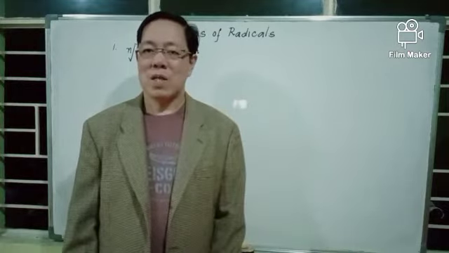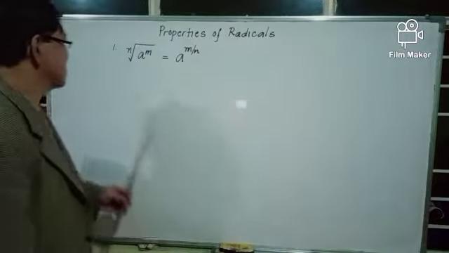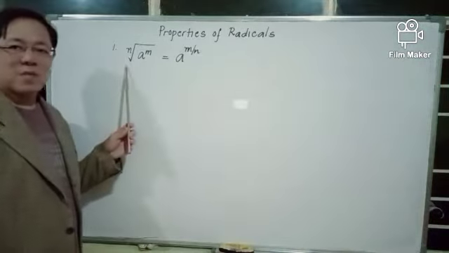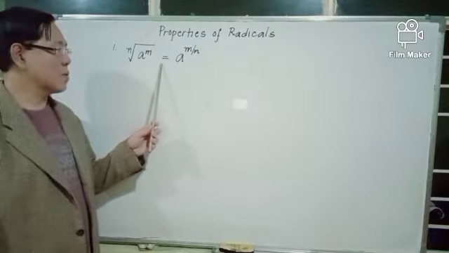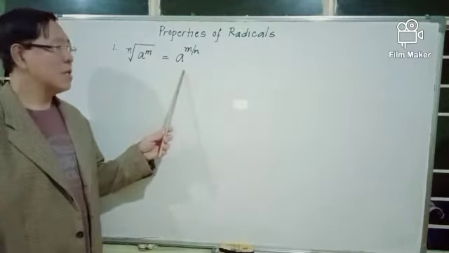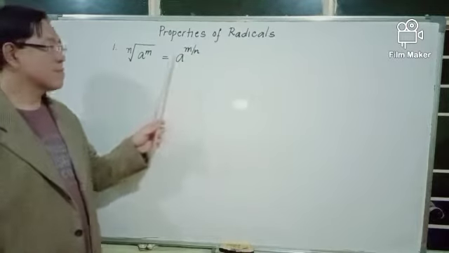We start with the first property of radicals. The first property says the nth root of a to the m is equal to a raised to the power m over n.